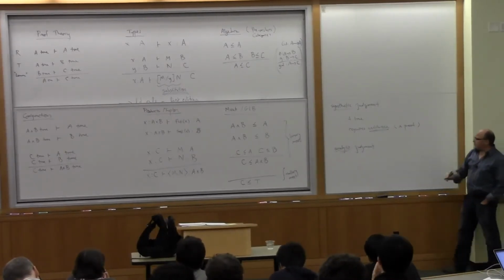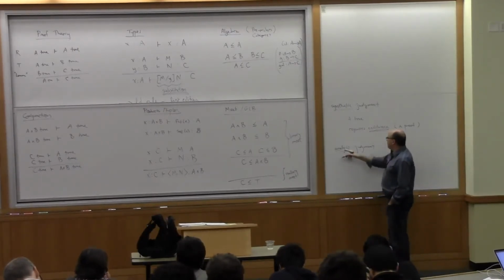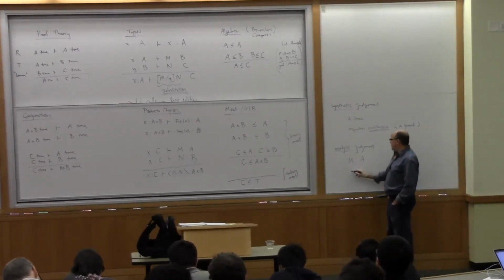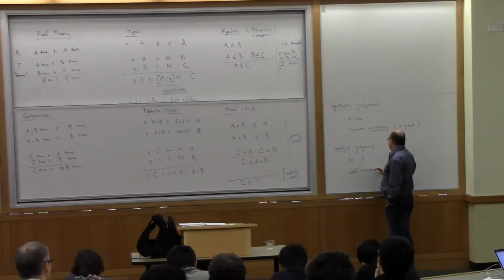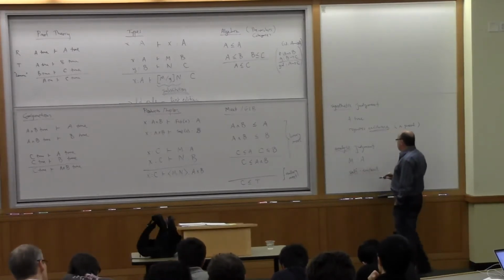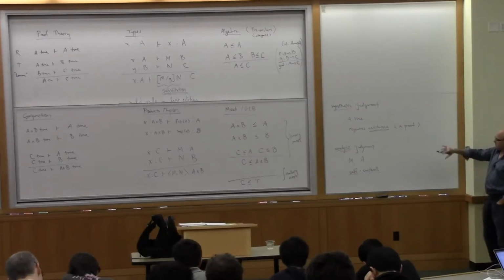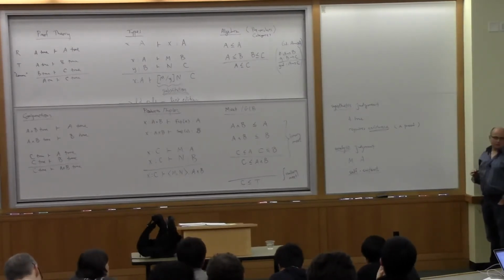And I want to contrast that with our other judgment, which is written M:A here, which is called an analytic judgment. And this is generally said to be, analytic could be said to mean it's self-evident. And what do I mean by that? This is the traditional distinction, in this particular domain, between proof search and proof checking.